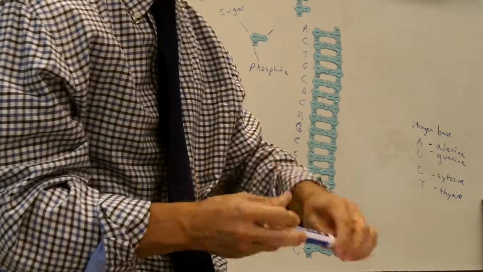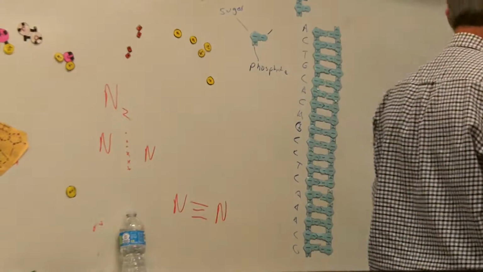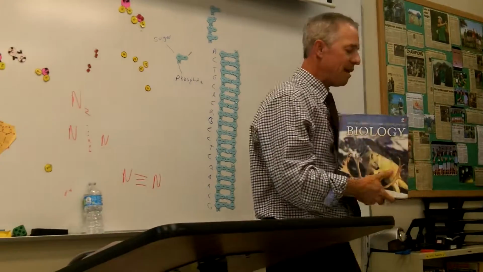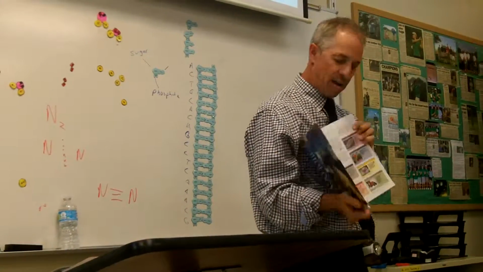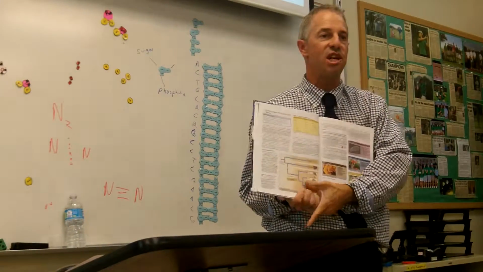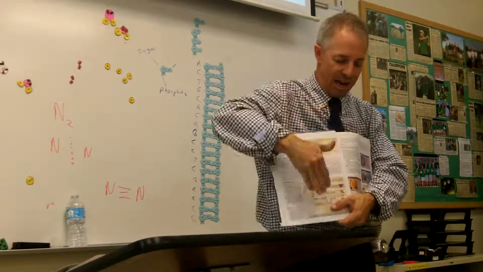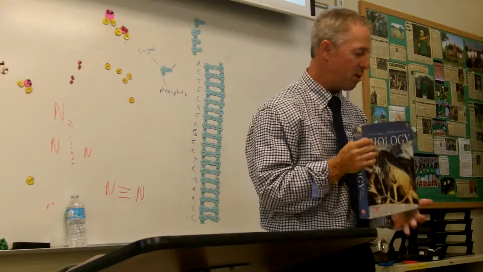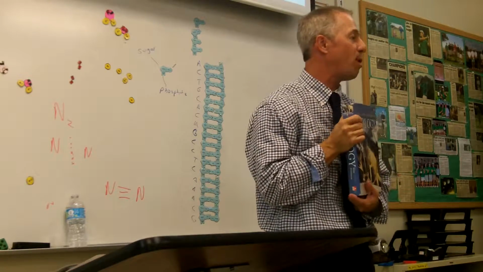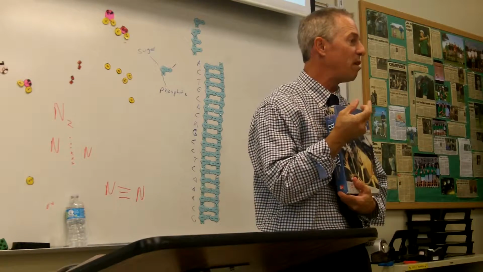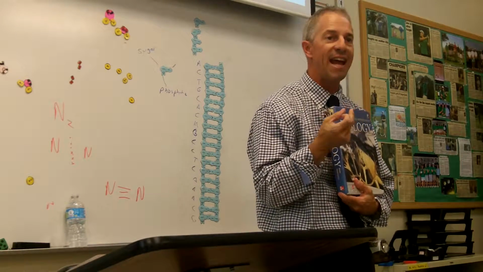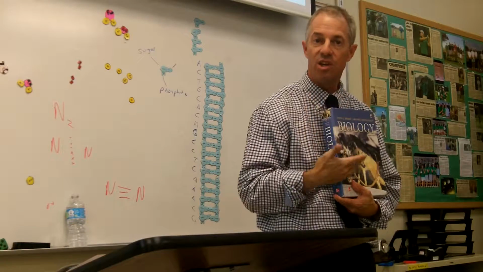The amount of letters in the DNA code: if this book were entirely A's and T's and C's and G's, no pictures, just those letters on every page of this whole book, it would take about 50 books to fit your DNA code. That's how many A's, T's, C's and G's you have.